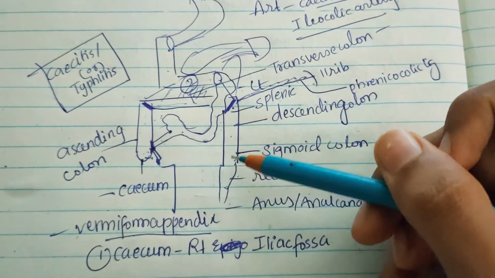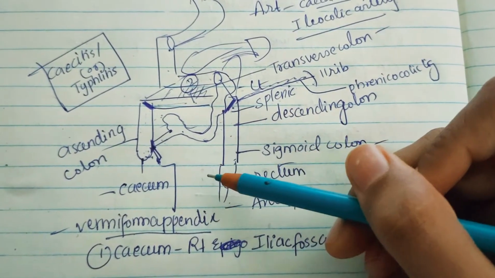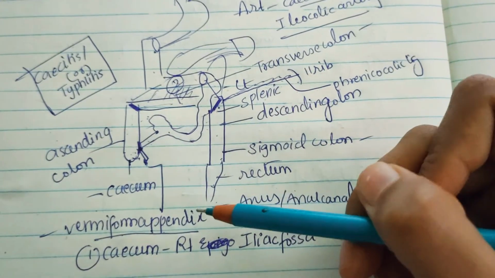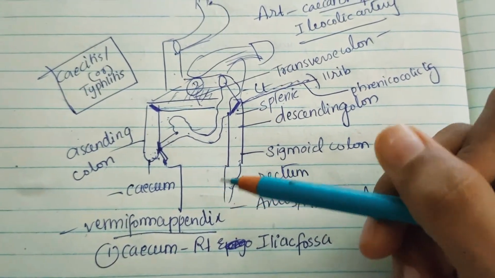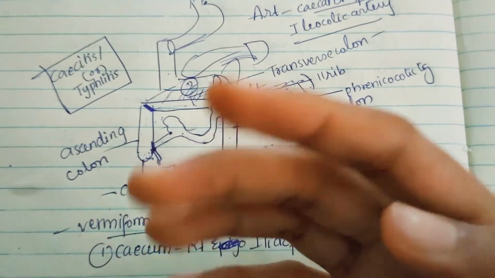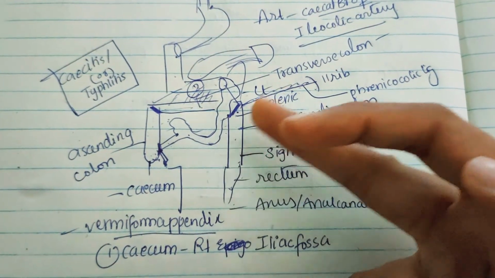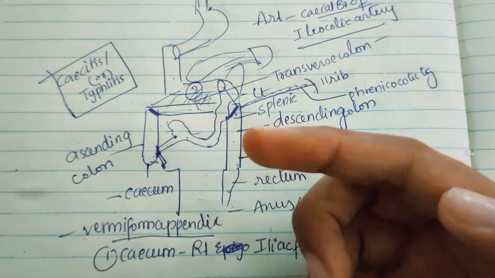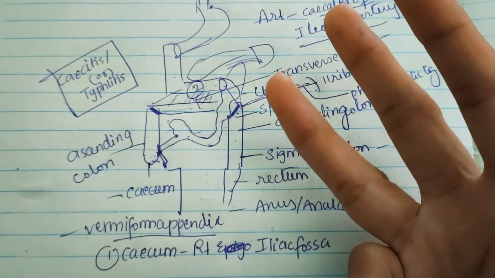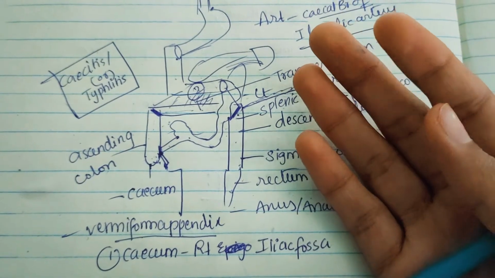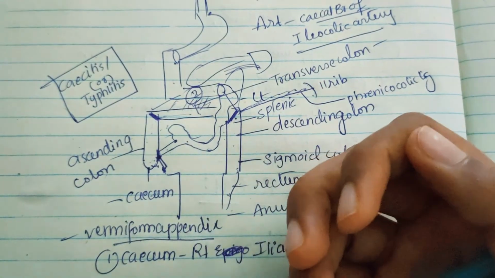Anteriorly it is related to coils of small intestine. Posteriorly it is related to the transversus abdominis, quadratus lumborum, iliacus and psoas major muscles. So there are 4 muscles related posterior to the descending colon, that is transversus abdominis, quadratus lumborum, iliacus and psoas major, which are the abdominal muscles and also the pelvic muscles.